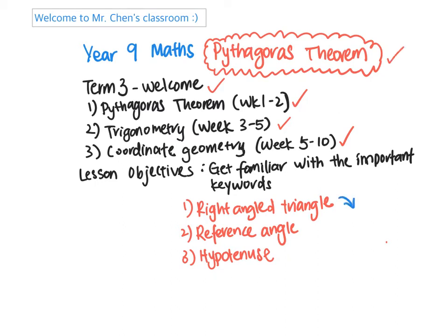Okay, so right angle triangle. For those who have never heard of what a right angle triangle is, it is a triangle that has a 90 degree angle. It has to have a right angle of 90 degrees to be considered a right angle triangle. That is pretty much the definition.